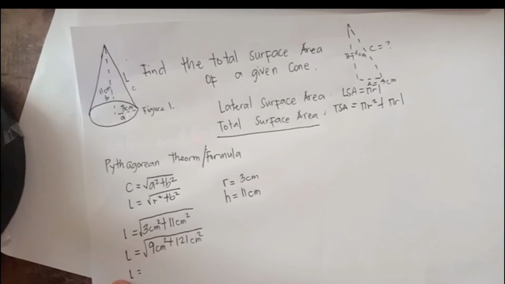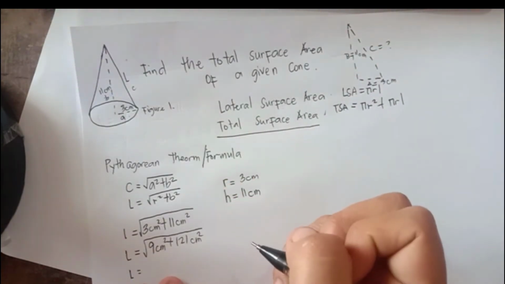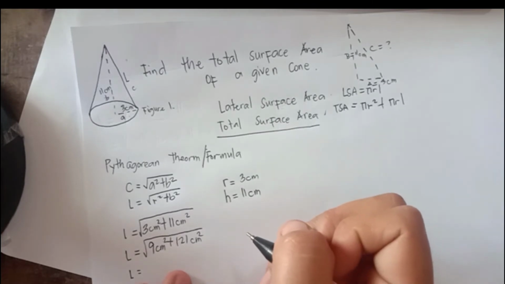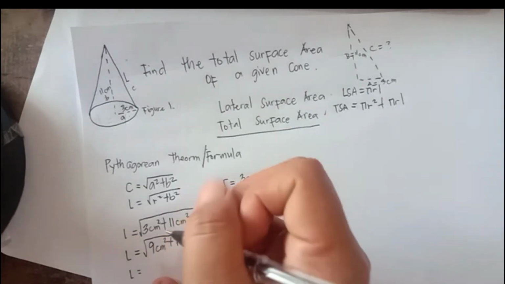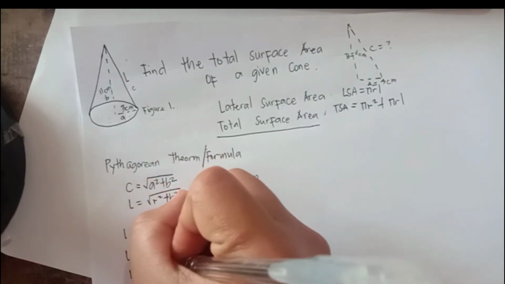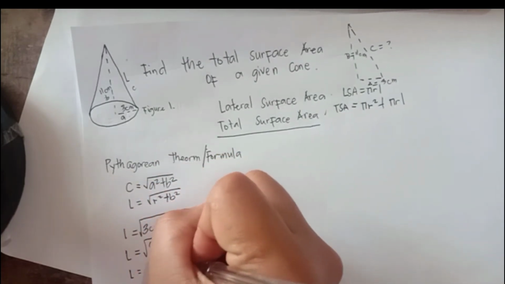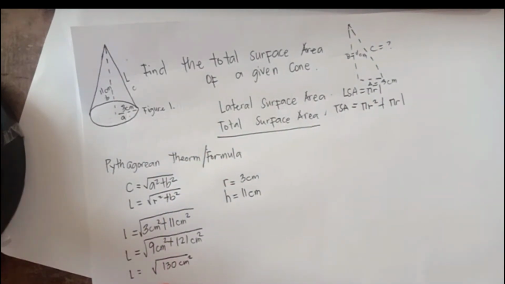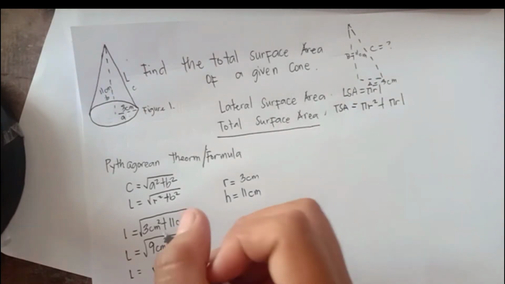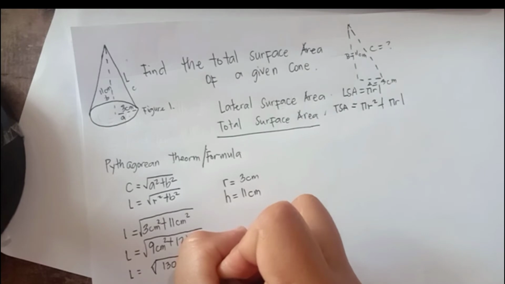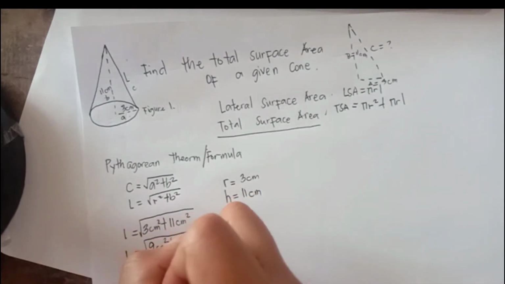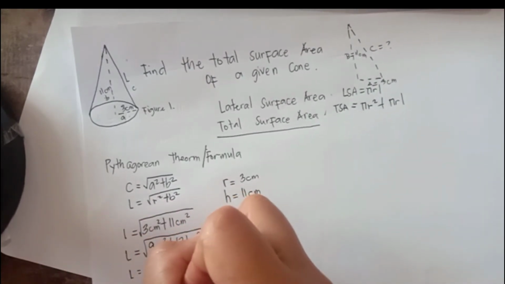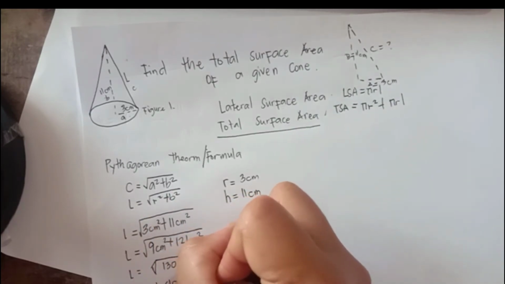But before that, we have to add the numbers. So, magiging 130 cm squared. Tapos, to cancel out the square root, magiging 11.40 cm.